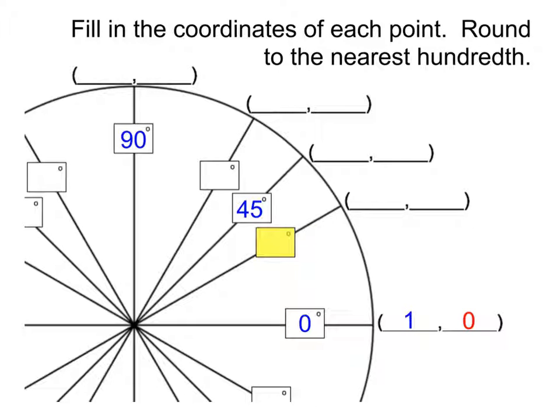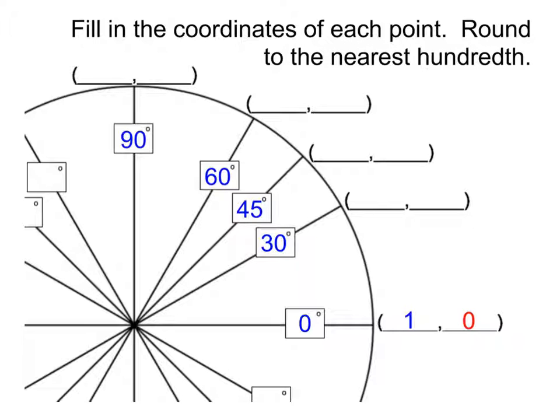Therefore, that angle right there is going to be 30 degrees, because it is 1/3 of the 90. And the same idea goes for this piece. Because I went 30 degrees to get here, I go another 30 to get there. So that angle there has to be 60 degrees.